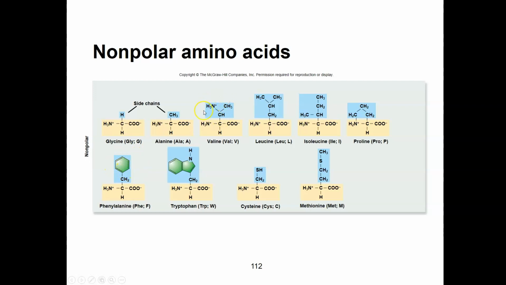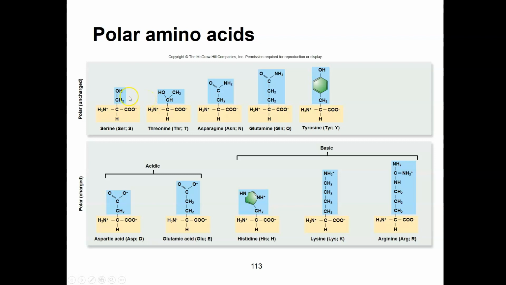So you see that here. Here we've got carbons and hydrogens for the most part. And so these fall within our non-polar amino acids. Now, I don't expect you to memorize these, but I do expect that you would look at something like a CH3 group as the R group and recognize that that would be non-polar.